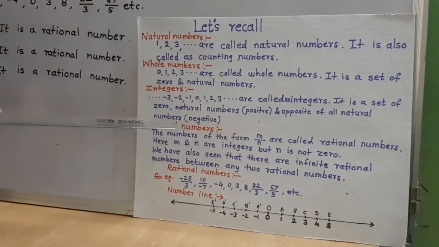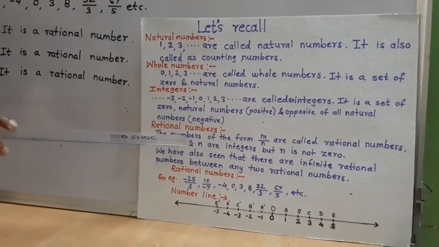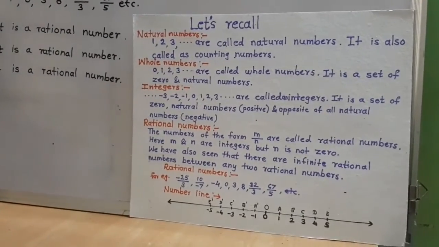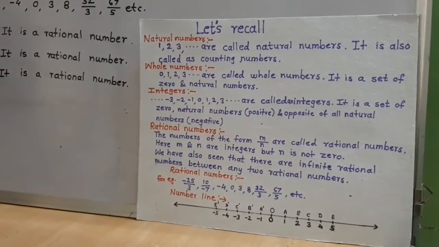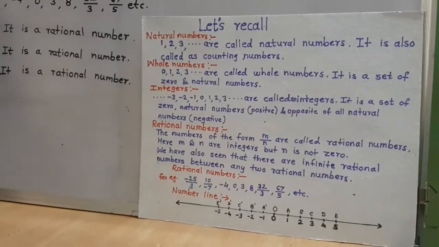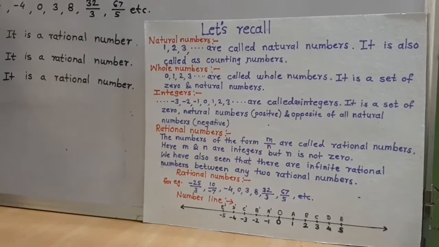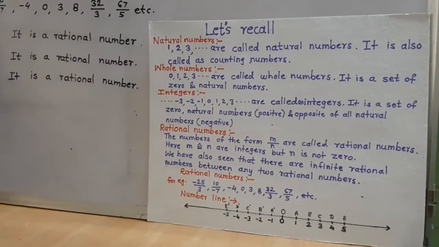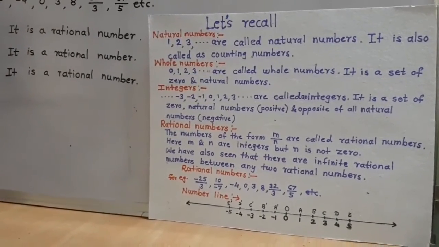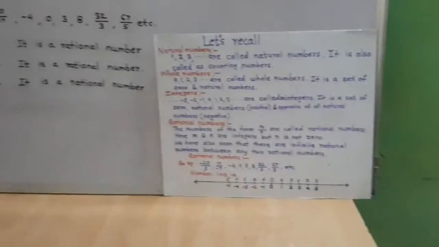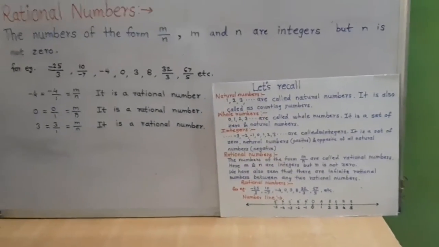Next, rational numbers. The numbers of the form m by n are called rational numbers. Here m and n are integers, but n is not 0. We have also seen that there are infinite rational numbers between any two rational numbers.